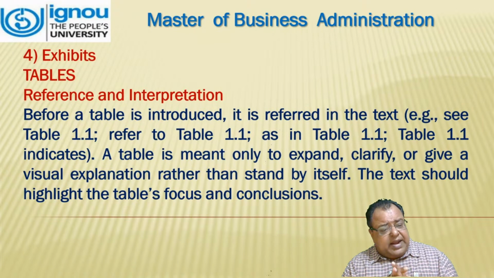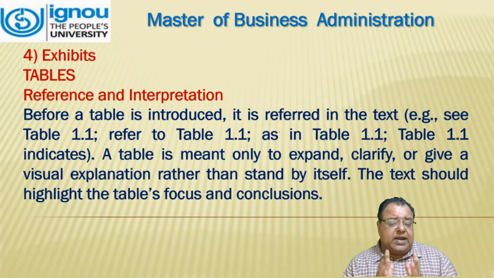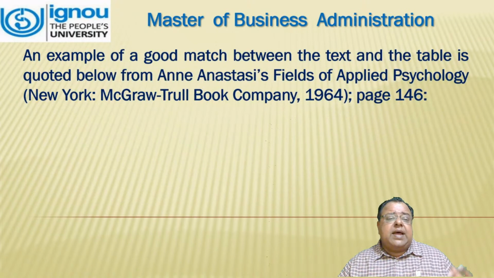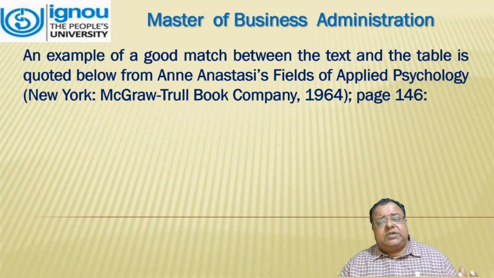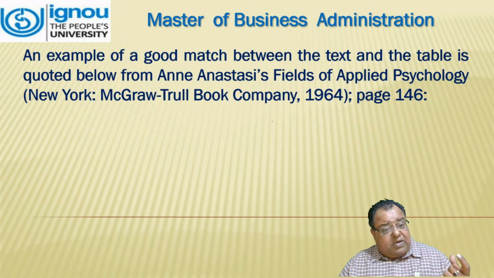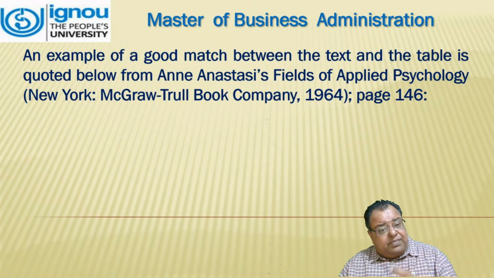The text should highlight the table's focus and conclusions. An example of a good match between the text and the table is quoted below from Anne Anastasi, Fields of Applied Psychology, New York, McGraw-Hill Book Company, 1964, page 146. This is how it is presented.